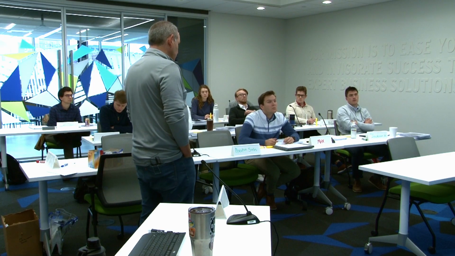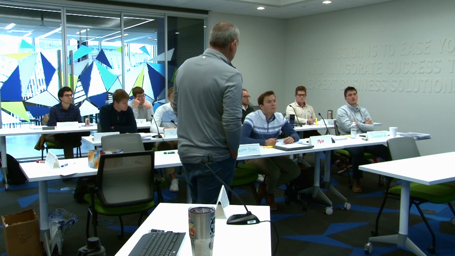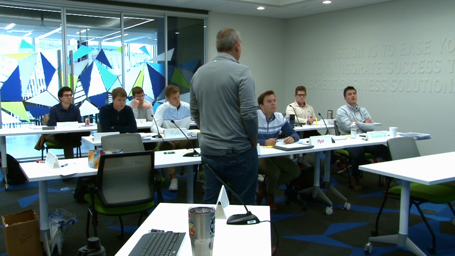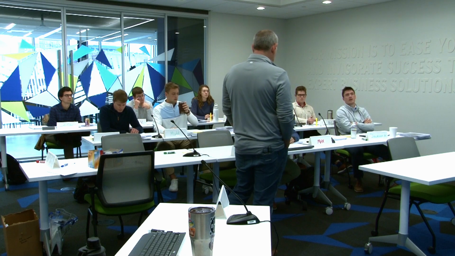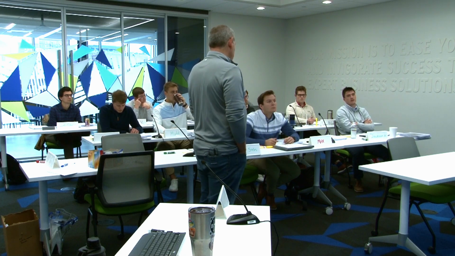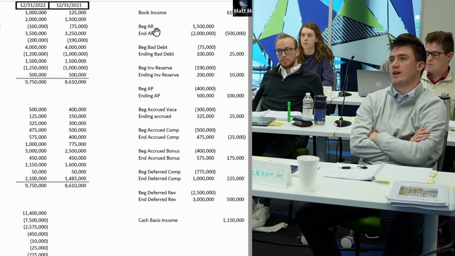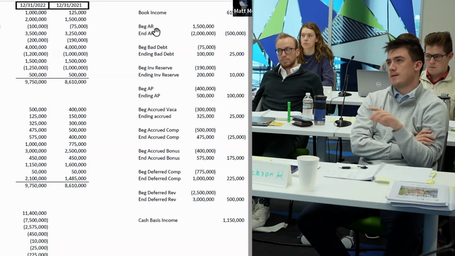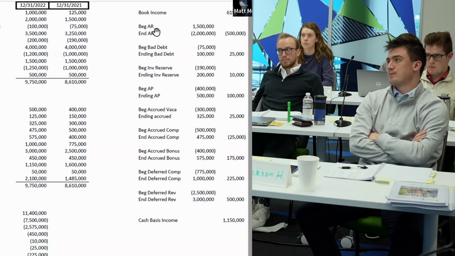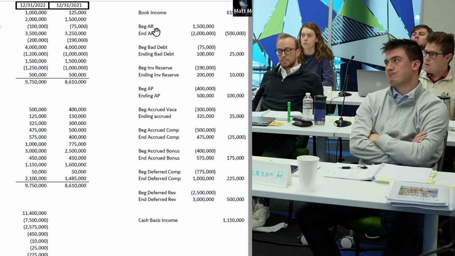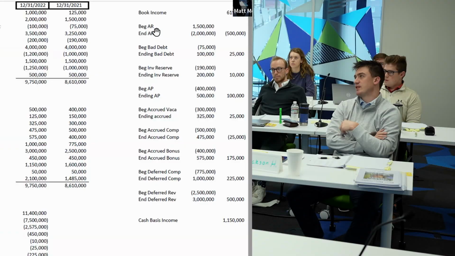On the AR side of things, the prior year balance is a negative or a positive for the M1? The AR is an add back? So we're adding the beginning book balance. And the ending balance, are you adding or subtracting? We're subtracting it. Is that the same thing we're doing with AP? It's essentially the opposite.